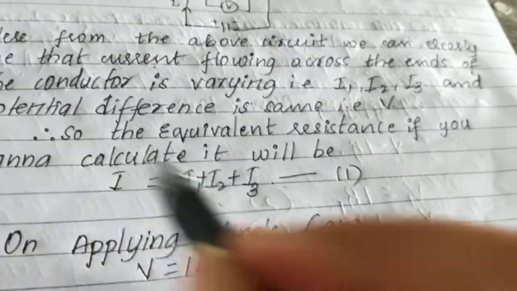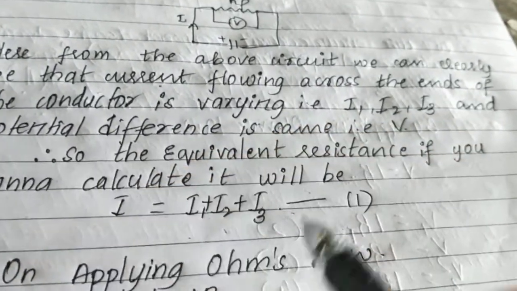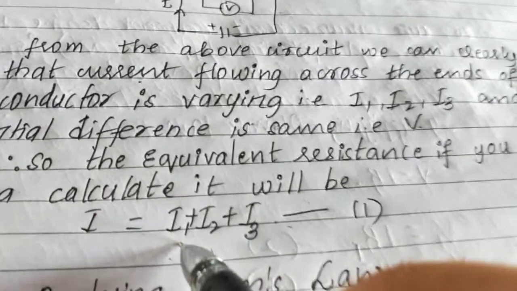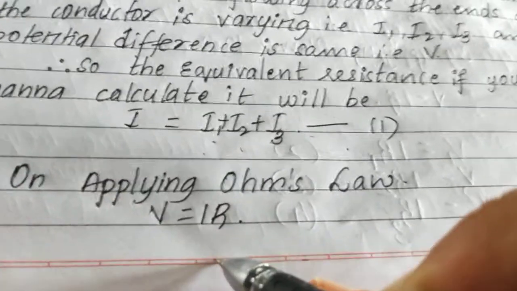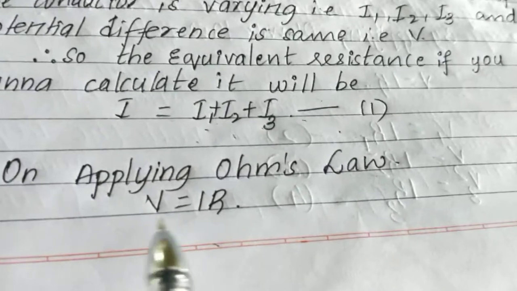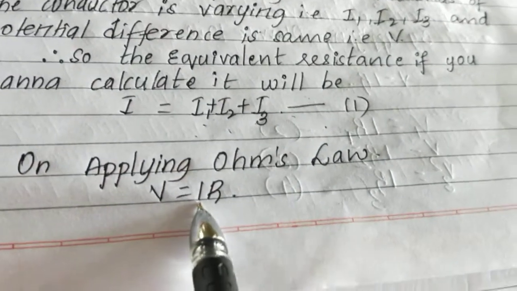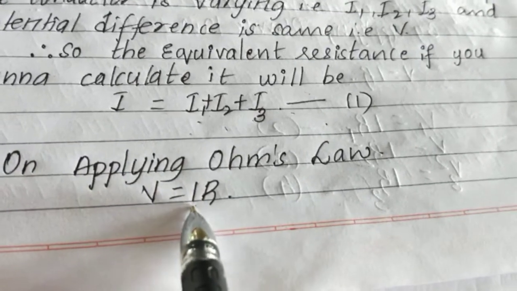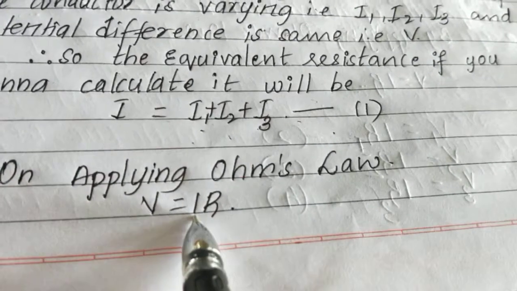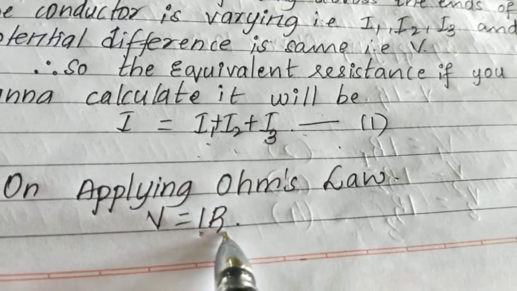When we get this as the sum of the currents, I is equal to I1 plus I2 plus I3, we can apply Ohm's law, where the potential difference across the ends of a conductor is directly proportional to the current flowing through it, that is I, and this is the resistance.